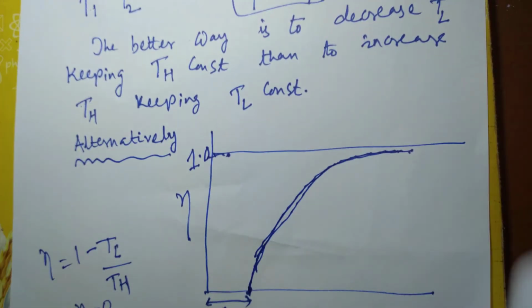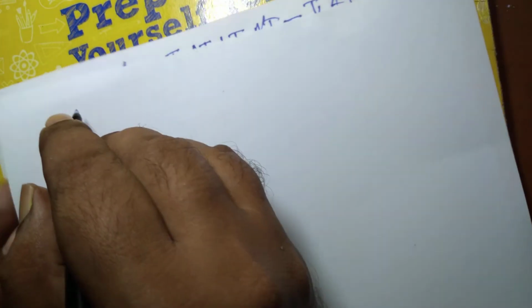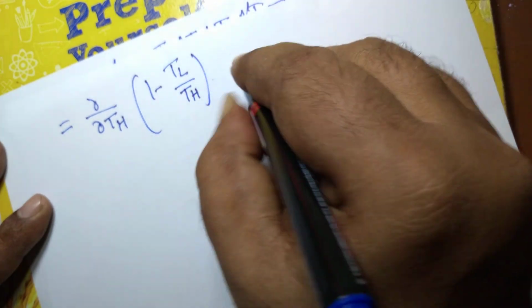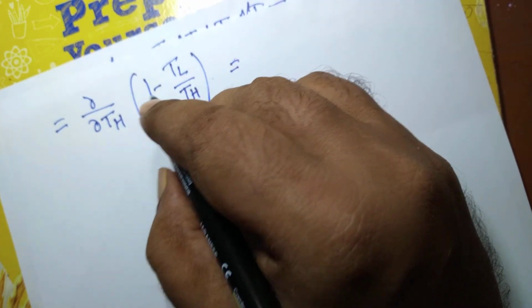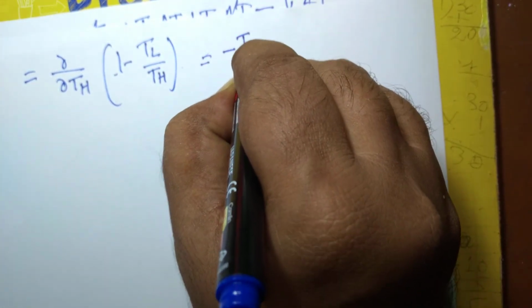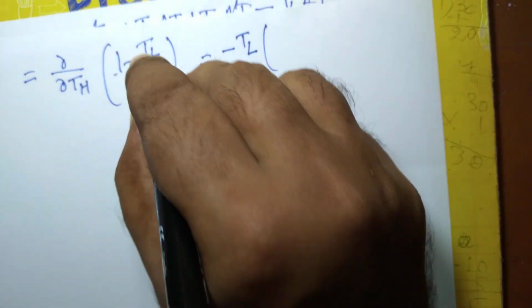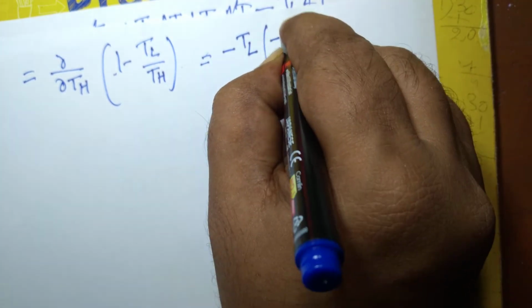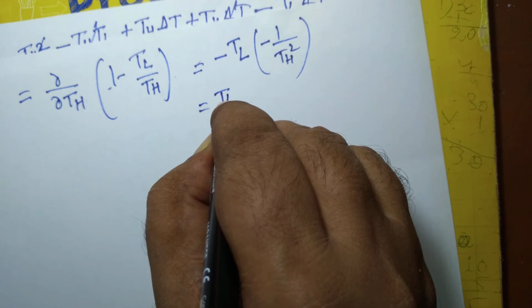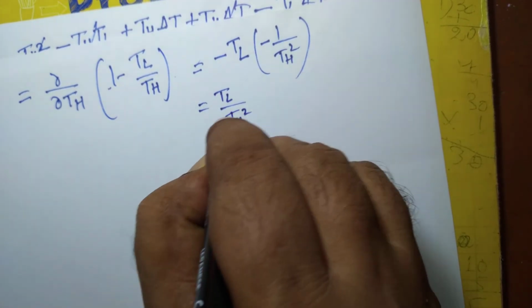The derivative of 1 is 0, 1 is constant, minus TL we treat as constant, and the derivative of 1 by TH is minus 1 by TH square. So it becomes TL divided by TH square.